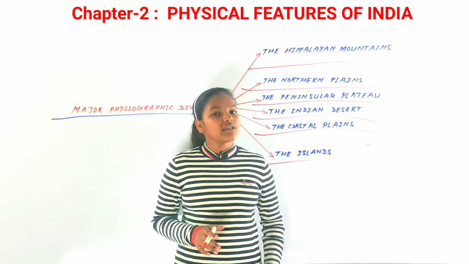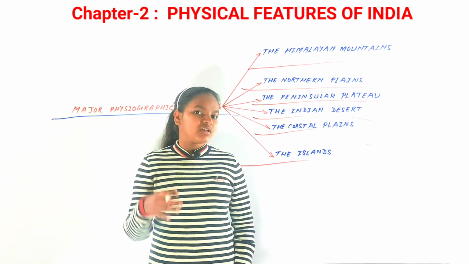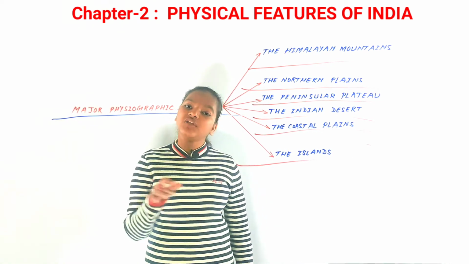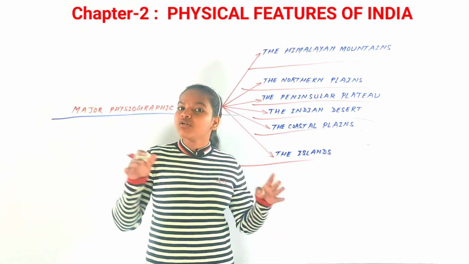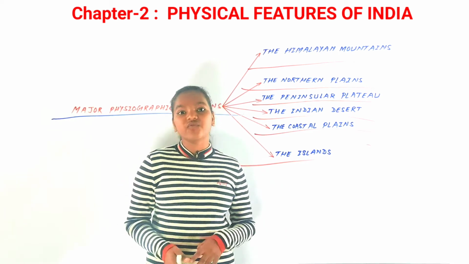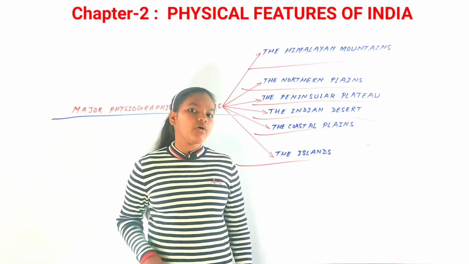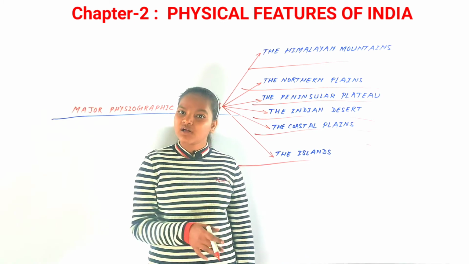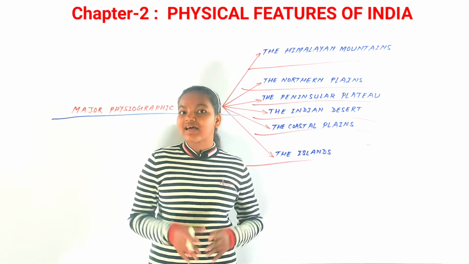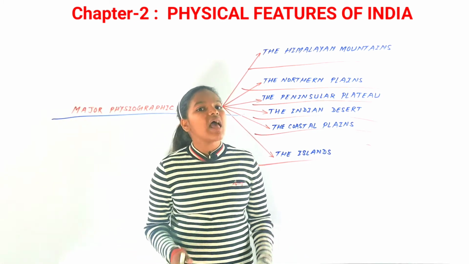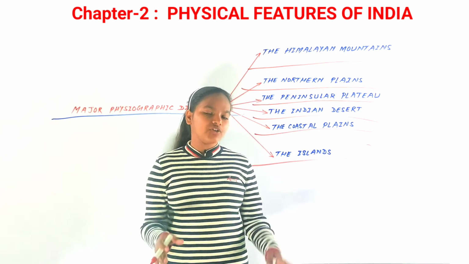Now, all major physiographic divisions of our country have their own unique, beneficial feature for our country. For example, the Himalayan Mountains are a great source of water and the forest region of our country.